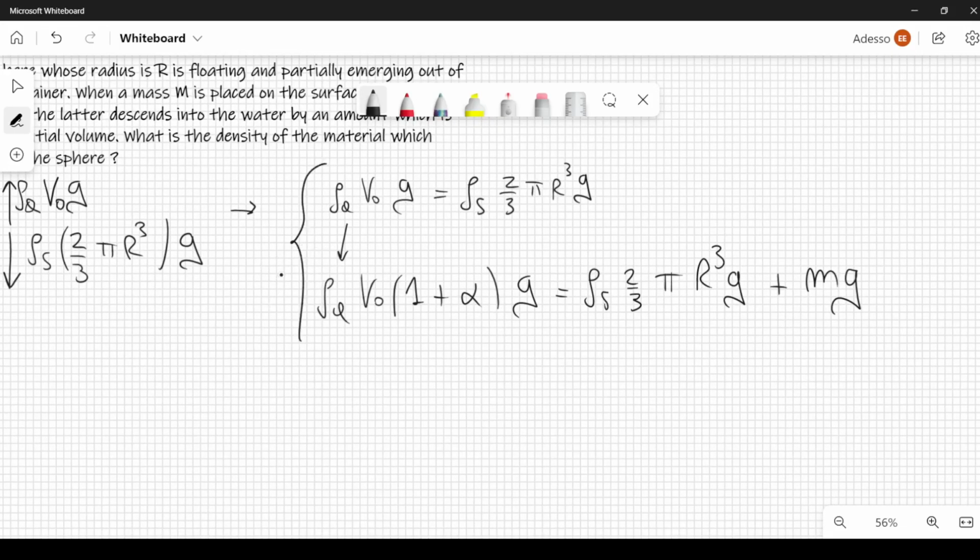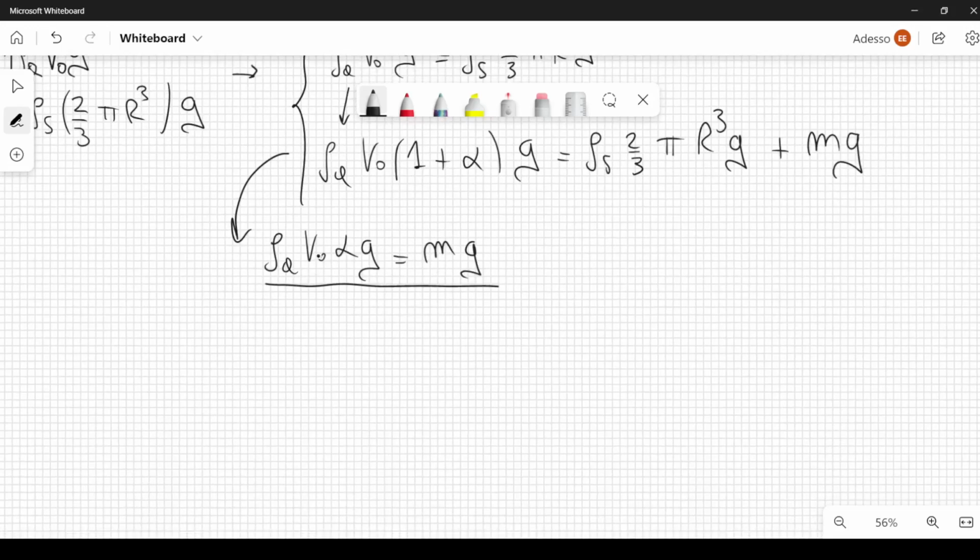we can obtain something meaningful, because from the two, we get that rho A V0 alpha g is equal to mg. If you subtract from this one here, term by term, you get this, and from this you get V0 equal to mg divided by rho A alpha g.